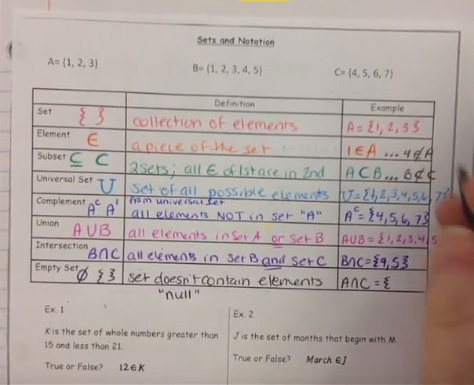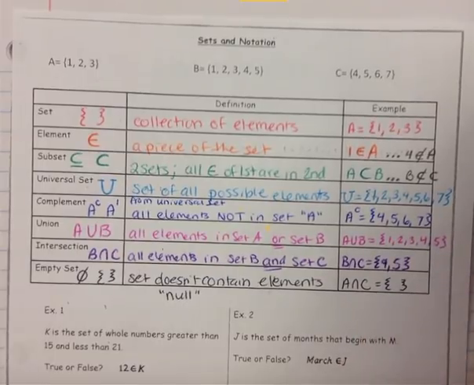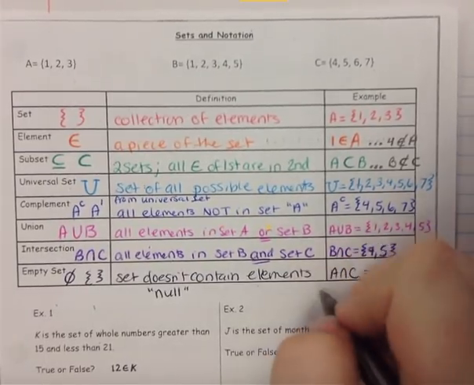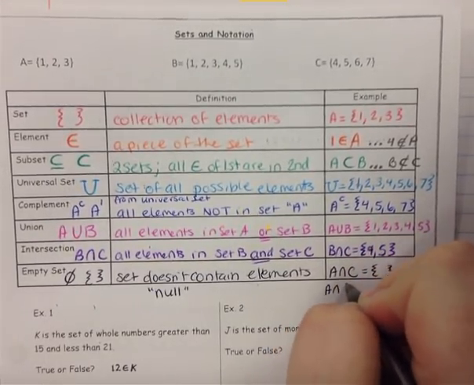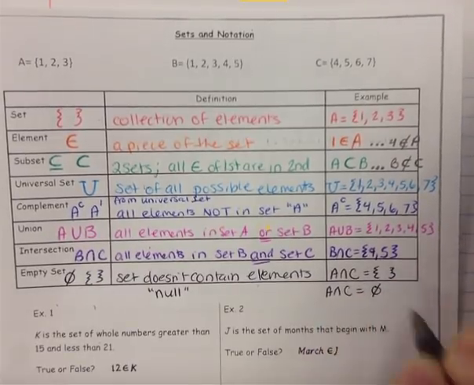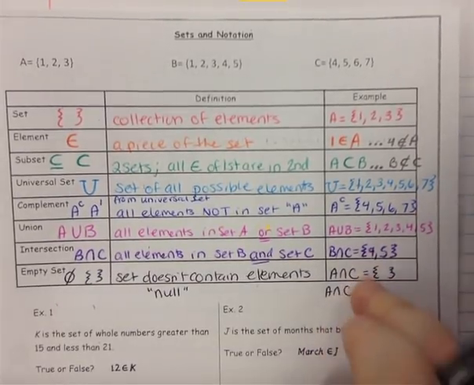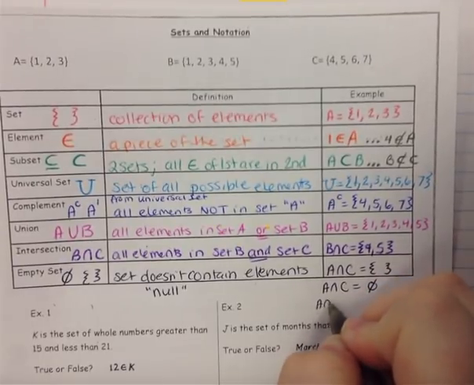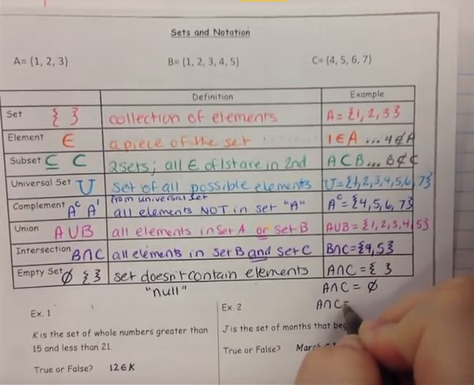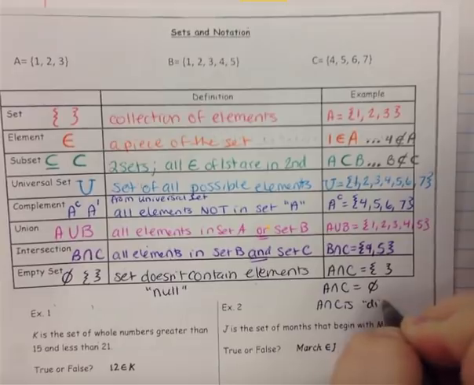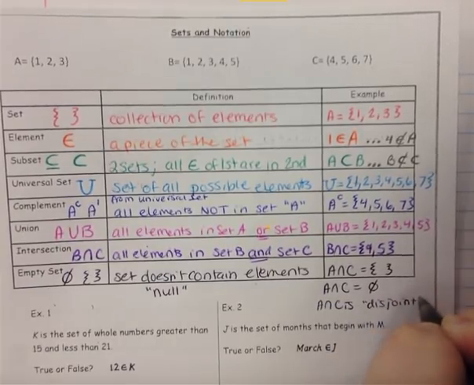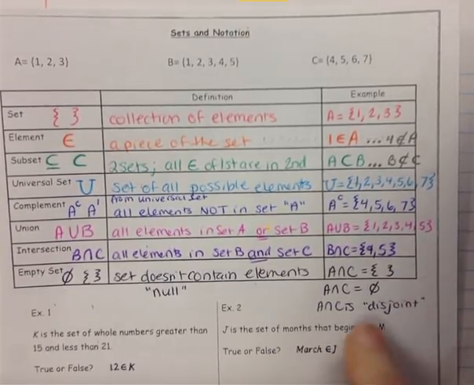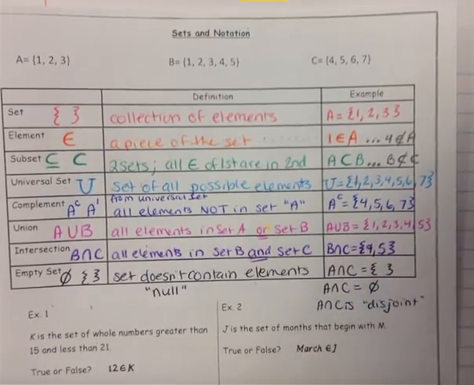So there is no overlap. Therefore, that is the empty set or the null set. A intersect C is equal to the null set or empty set. Another word for this is that A intersect C is disjoint. Disjoint means that there's nothing inside the set.